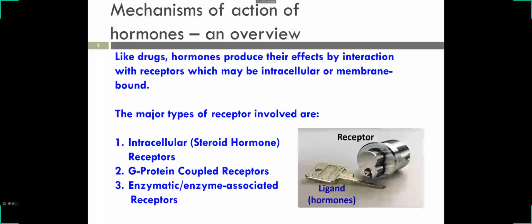So how does this work? How do you get a specific hormone to bind to a specific receptor? Usually, we talk about a lock and key mechanism. So, very similar to medicines, hormones produce their effects by interaction with receptors, which may be intracellular or membrane bound, depending.